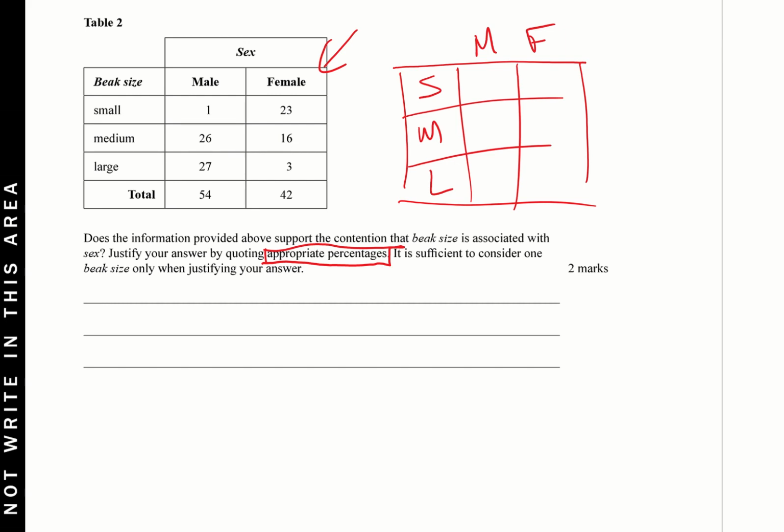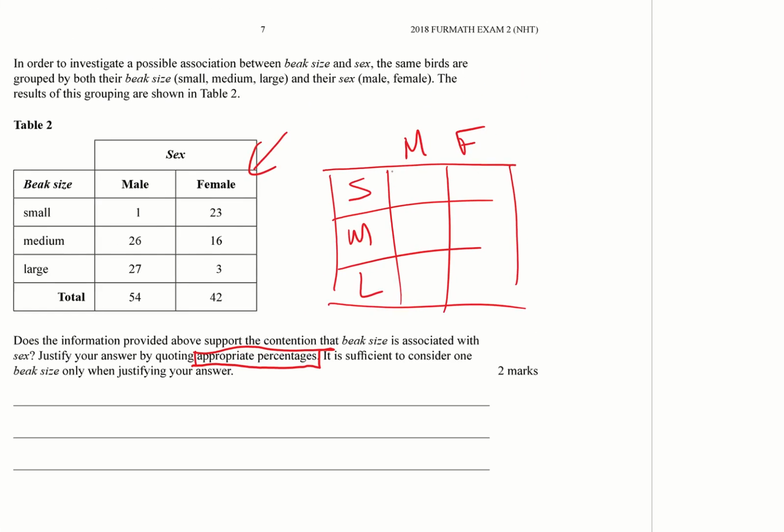Okay, so let's do the first one. That's like saying 1 divided by 54, and that will equal 1.85. Okay, and 26 divided by 54, and I'll get 48.15. If I do 27 divided by 54, I get 50%.